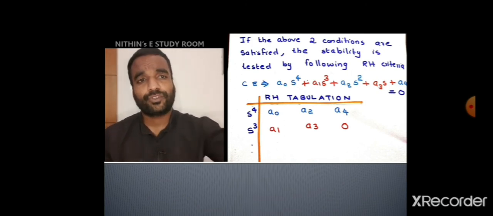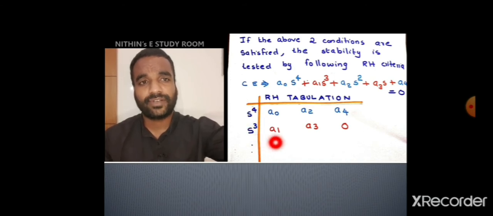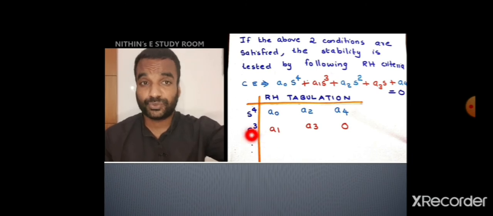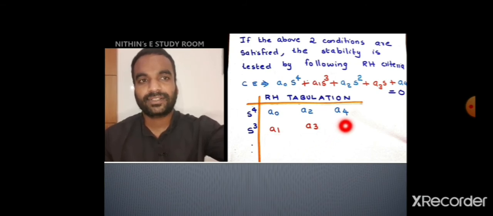Now we are going to mark S3. In S3, I have to write the coefficient of S raised to 3 first, that is A1, then the left combination A1, A3. Is there anything after that? No. Up to A3, everything is complete because A4 is already there in the top row.